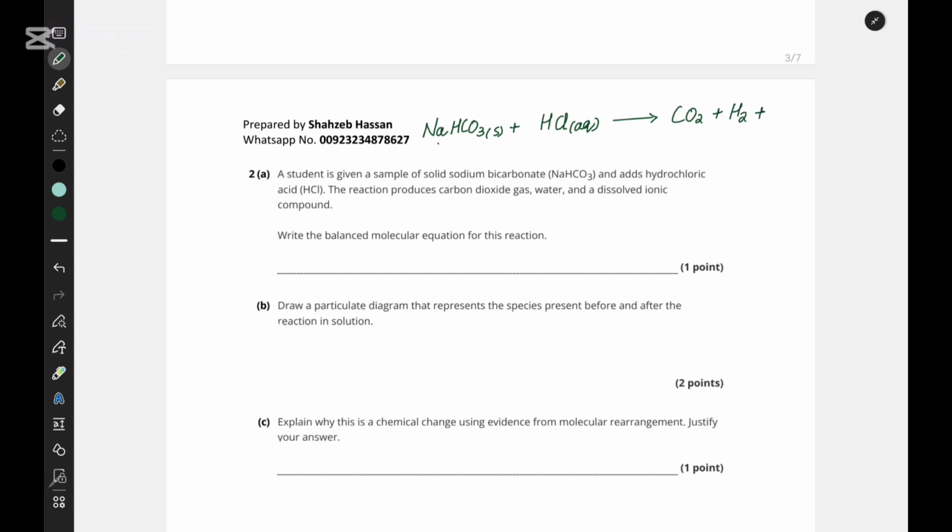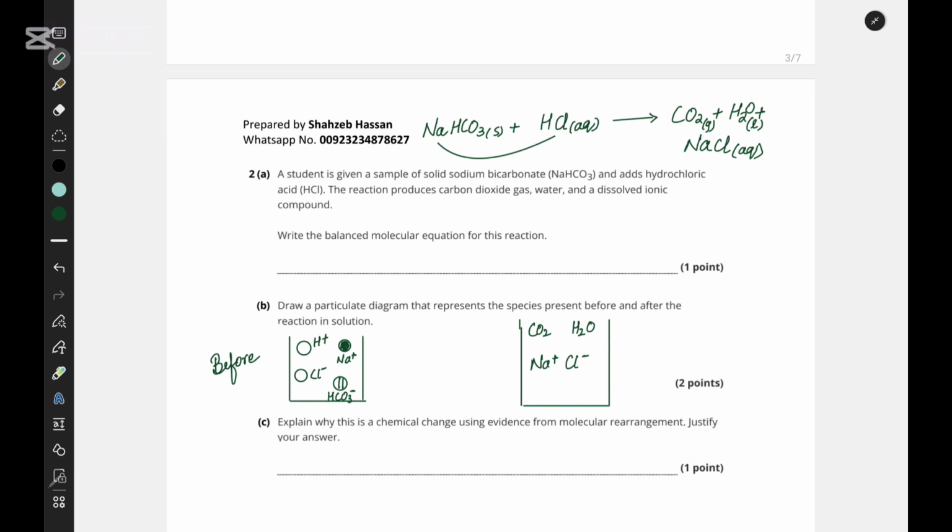The ionic compound: when sodium reacts with HCl, it is going to form sodium chloride. CO2 is in gas form, and this is water which is in liquid form, and that is sodium chloride in aqueous form. So this is going to be formed in this reaction.